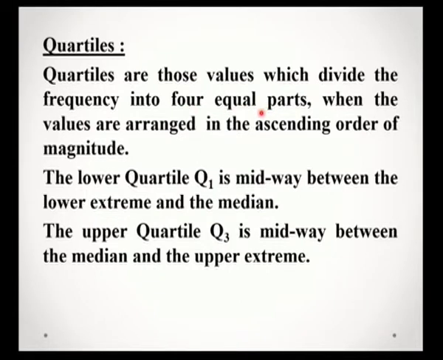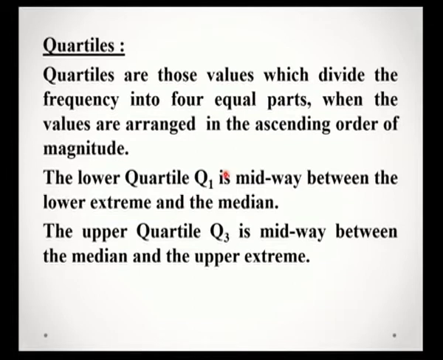The median divides the data into 2 equal parts, while quartiles divide it into 4 equal parts when the values are arranged in ascending order of magnitude. Quartiles are of two types, the lower quartile and the upper quartile.